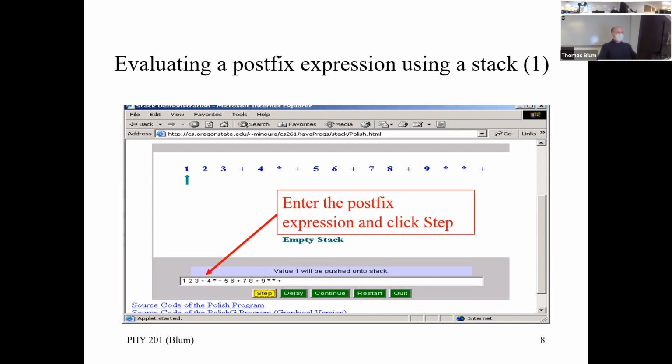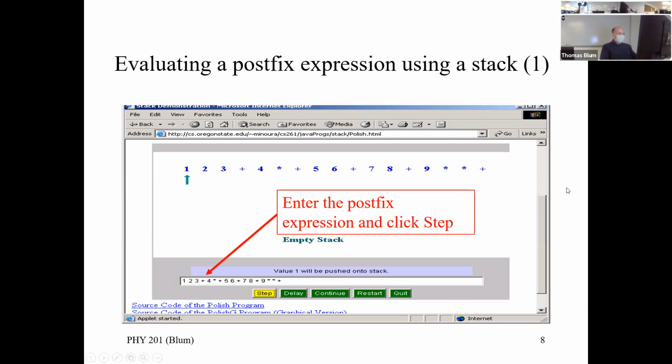When you encounter a piece of data, you put it on the stack. And when you encounter an operation, you take two things off the stack, perform the operation, and put the answer back on the stack. So this is how you calculate a postfix expression using a stack.